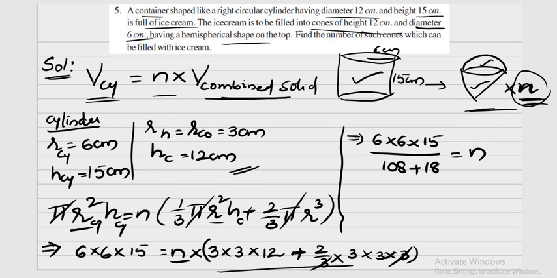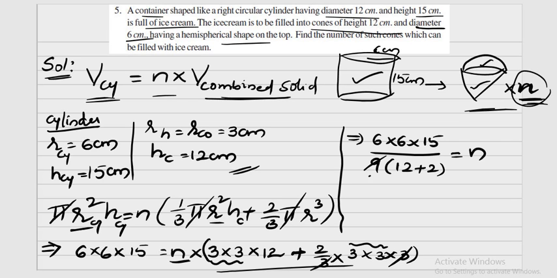Now instead of multiplying all this, I can take 9 as common. Here 3 3s are 9, and here also 3 3s are 9. If I take it common, I will be left with 12 plus 2, and 12 plus 2 is 14.